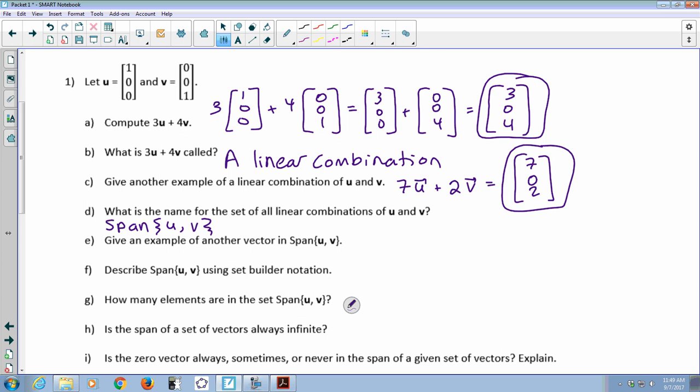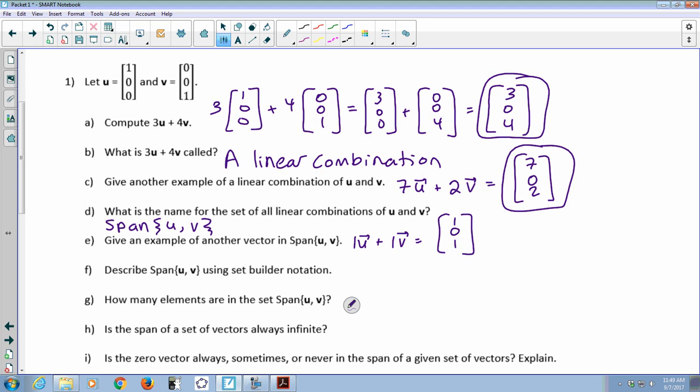Pick 2 scalars, throw them on u and v, add them together. 1, 0, 1, sure. If you just put scalars of 1 on them and add them together, that would be 1u plus 1v, 1, 0, 1. There's another vector in the span.